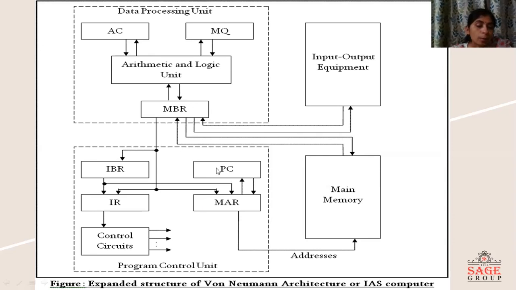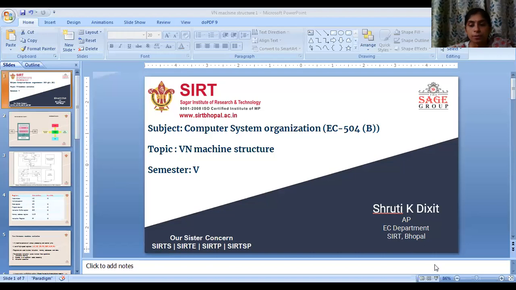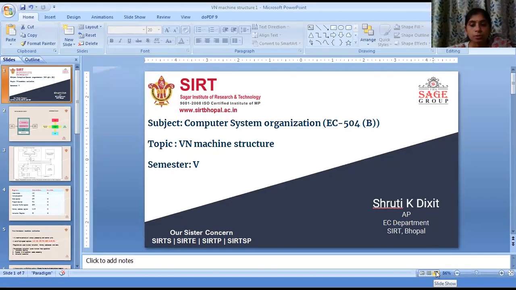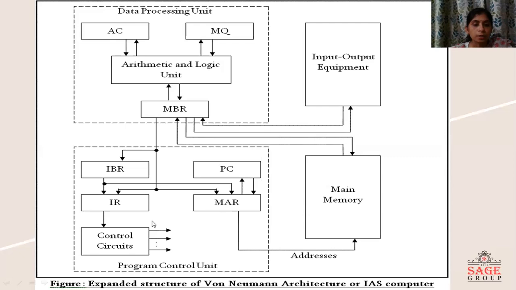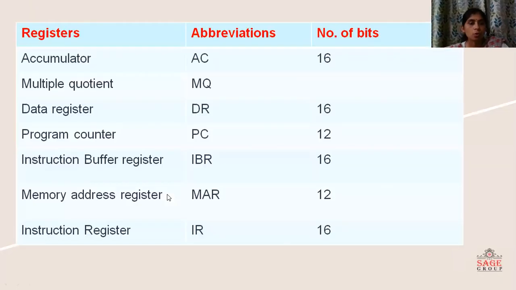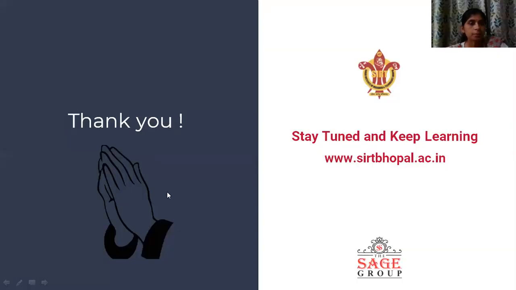The program counter holds the address of the next instruction to be executed. The instruction register holds the current instruction to be executed, and the instruction which is not to be executed immediately is held by the instruction buffer register. So this is all about the different functions of all the registers.